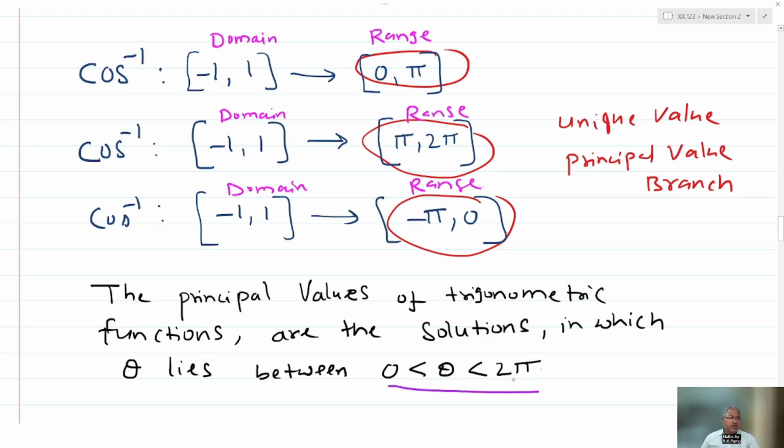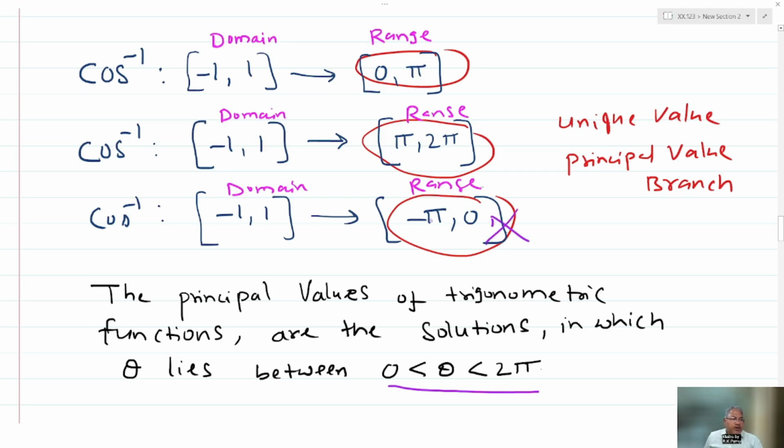Theta is greater than 0 and less than 2 pi. So out of these values, we have to select the range value in which theta is greater than 0 and less than 2 pi.